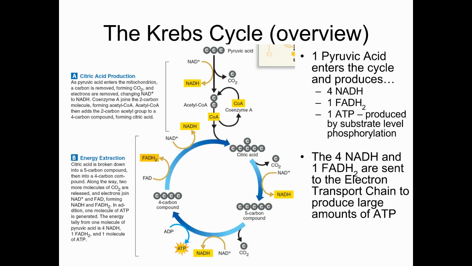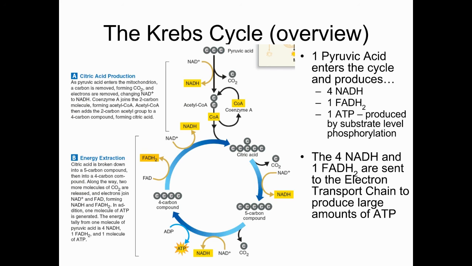This is known as pyruvic acid oxidation or acetyl-CoA formation. All it's saying is before pyruvic acid's ready to go into the citric acid cycle, we've got to break it down a little bit. We've got to oxidize it.